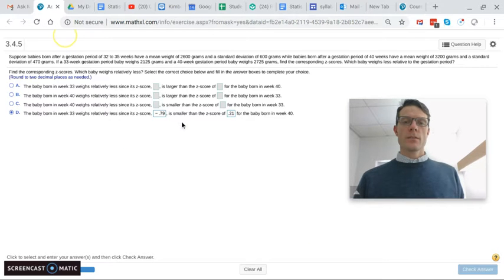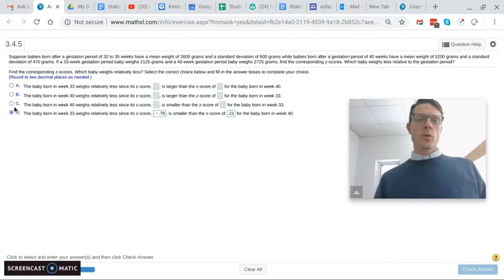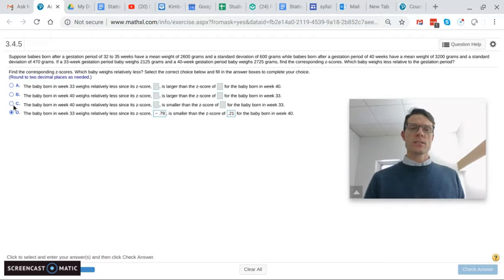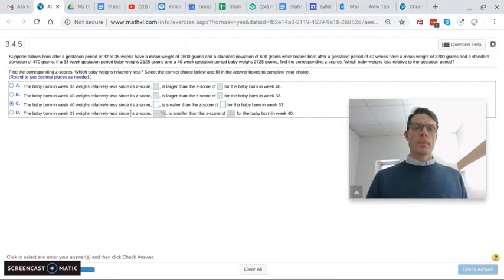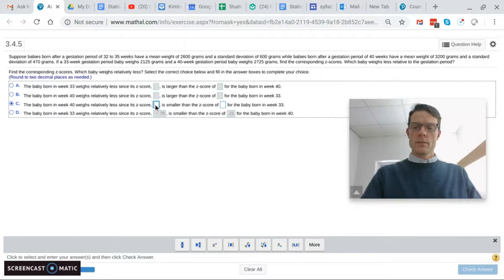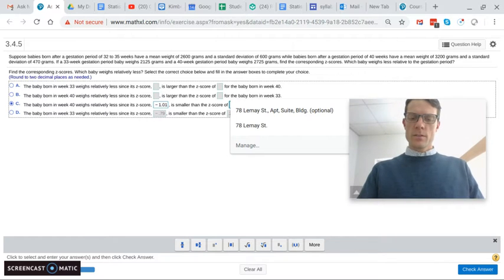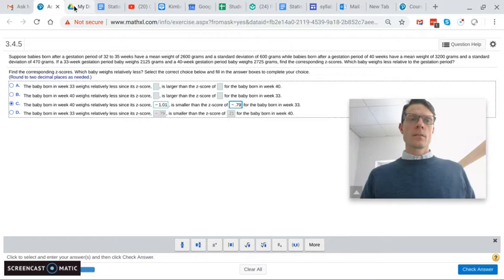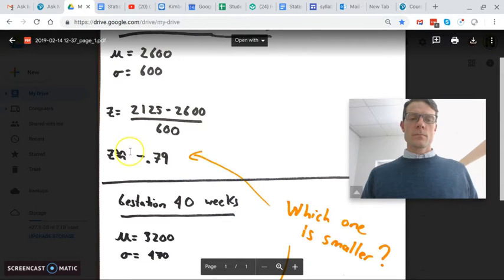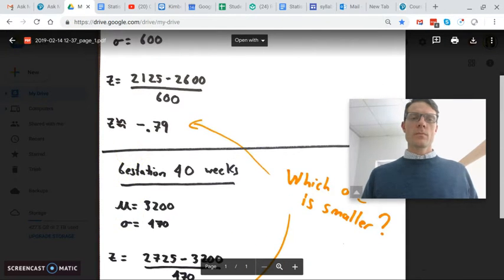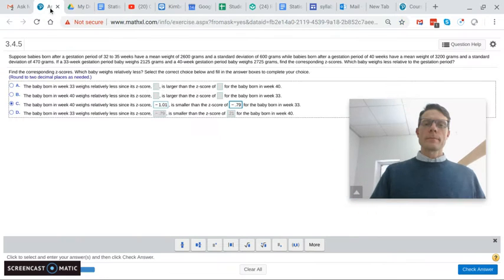Okay, so let's see if we can put that in. So now we want to say the baby born in 40 weeks is relatively less, since the z-score negative 1.01 is smaller than the z-score of, I think it was negative 0.79. 101, yeah, and 79, yeah, for the baby born in week 33.